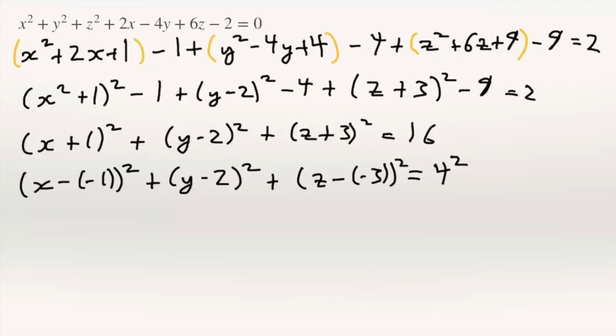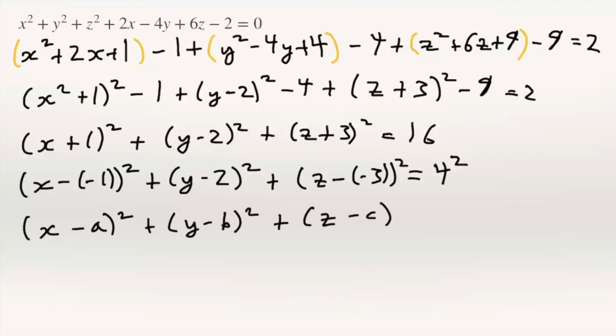And our general form of the sphere centered at (a, b, c) of radius r was x minus a squared plus y minus b squared plus z minus c squared is equal to r squared. So that is our a, b, and c, and r.